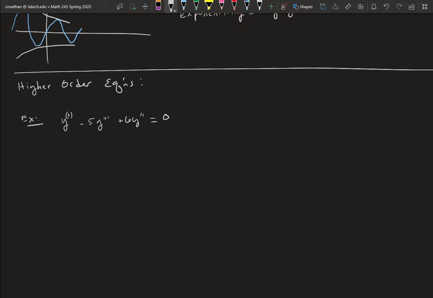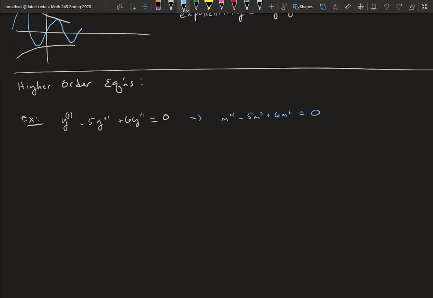If we have a differential equation like this, we go straight to the characteristic equation again. So we go straight to m to the 4 minus 5m cubed plus 6m squared equals 0.